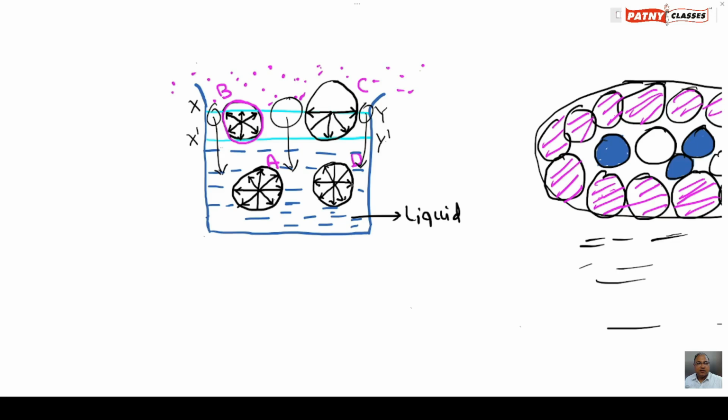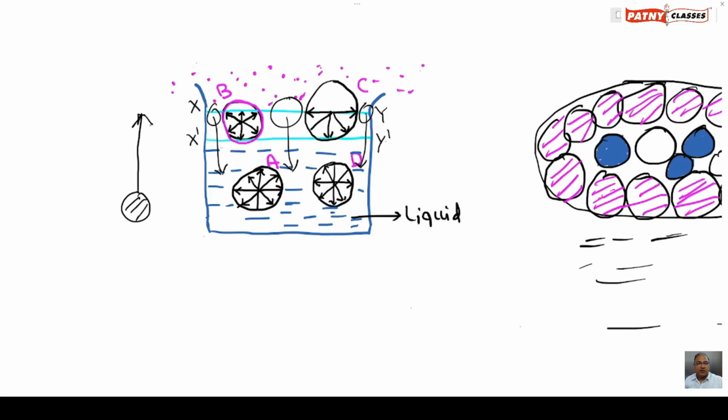To maintain this surface area, so that it does not decrease beyond a limit, some molecules must be brought from inside to outside. This keeps on going. In Hindi we say, tu aaya, mai gaya, tu aaya.